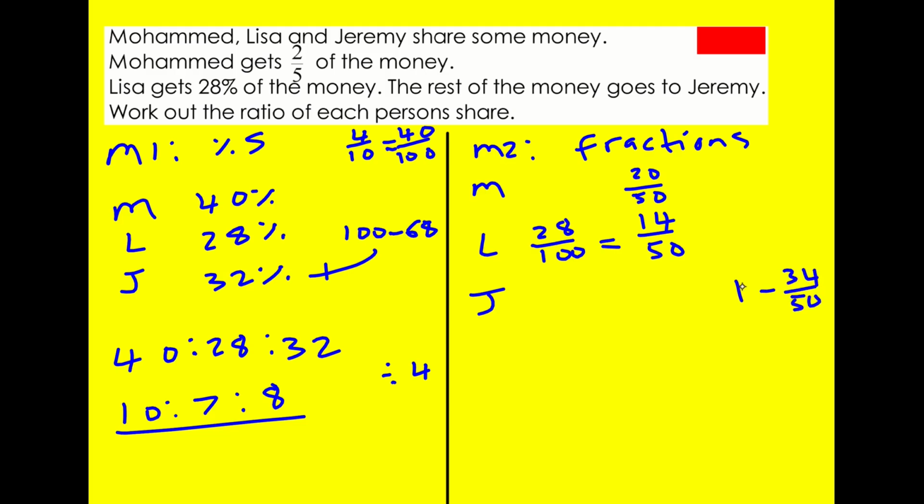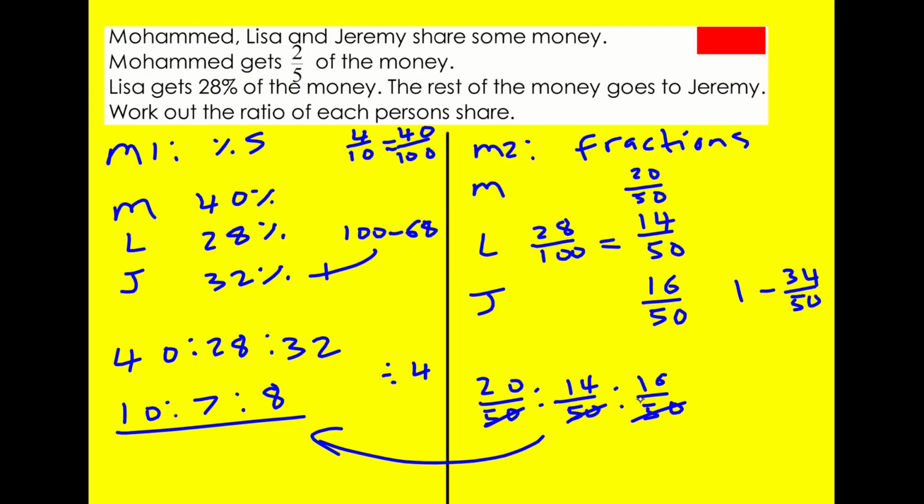Remember, this is 50 over 50, and Jeremy's going to be 16 over 50. Okay, so I'm going to put them in a ratio. It's got to be said at this point, I think this method just overcomplicates it. I think getting a percentage is much easier, but it's still worth talking about. We can basically times through by 50 and get rid of those, and then we could divide through by 2 and we'd get the same answer.